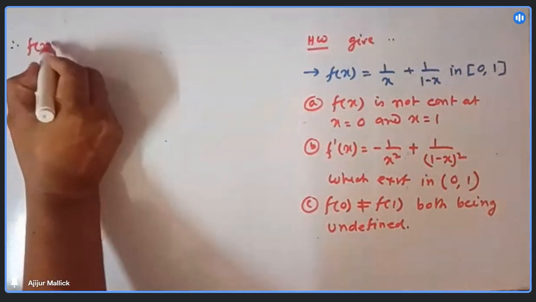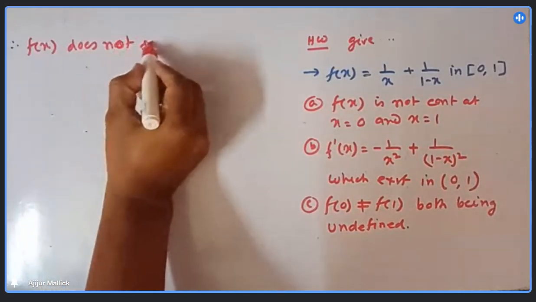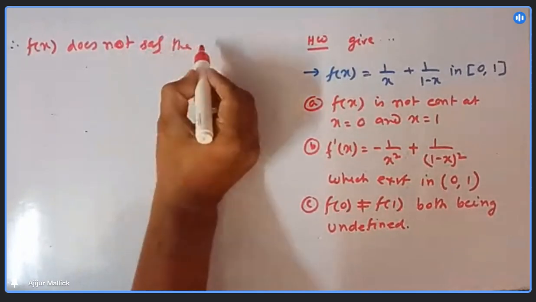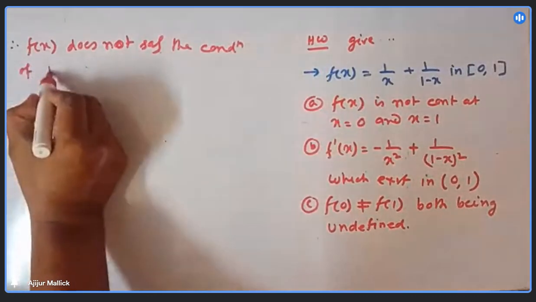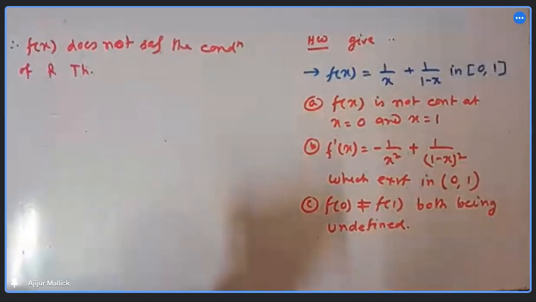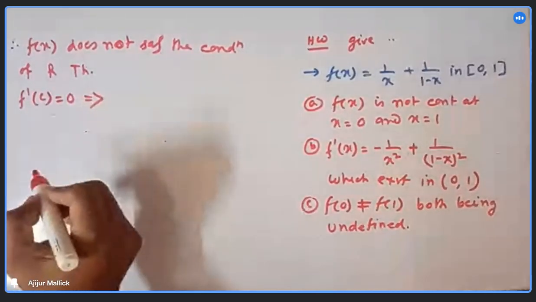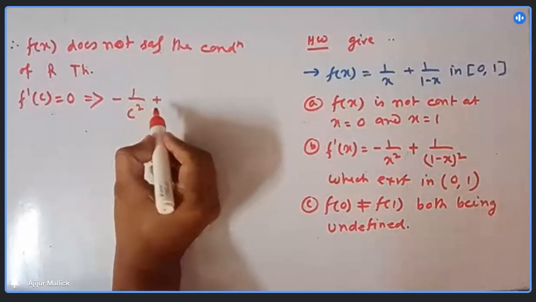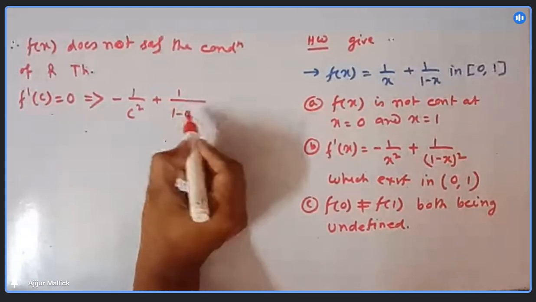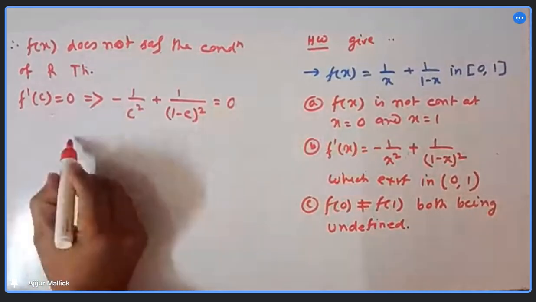Therefore, f(x) does not satisfy the conditions of Rolle's theorem. But f dash c is equal to 0. This means minus 1 by c square plus 1 by (1 minus c) whole square is equal to 0.